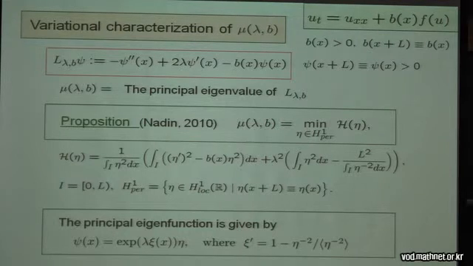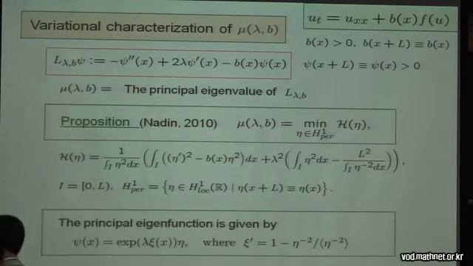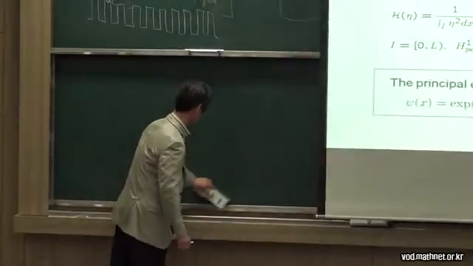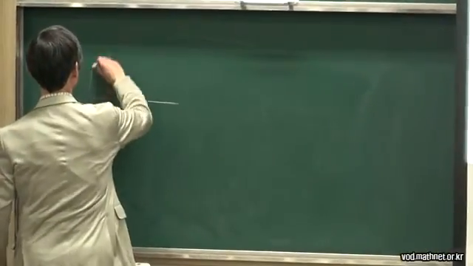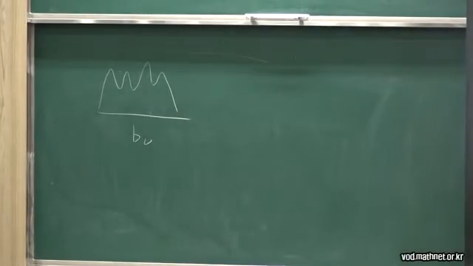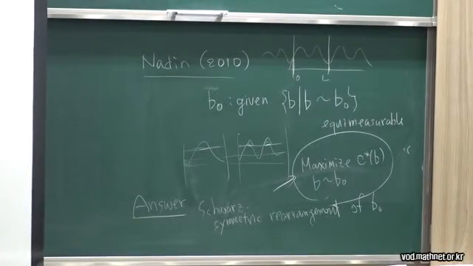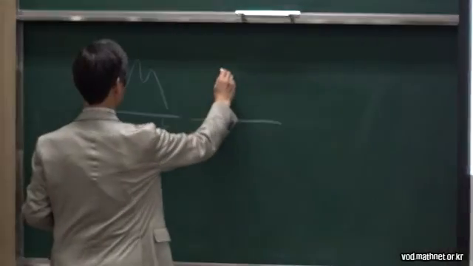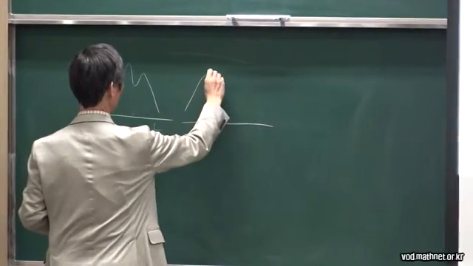What does it mean? Schwarz symmetrization or symmetric decreasing rearrangement is the following. Okay, this is B0, the Schwarz rearrangement of B0. So what is it? This is B0. We just look at the one period 0 to L. The Schwarz rearrangement is this.